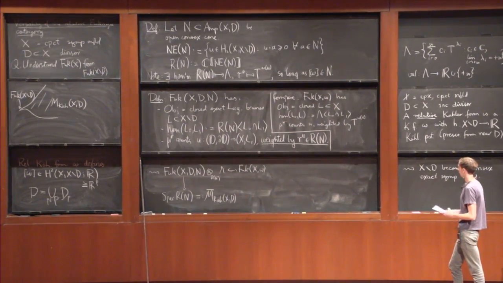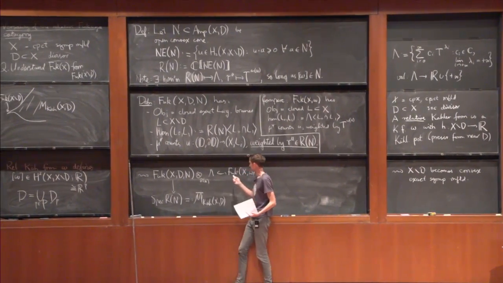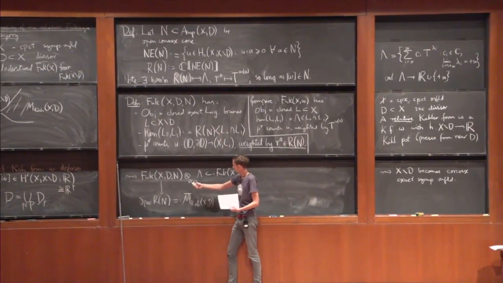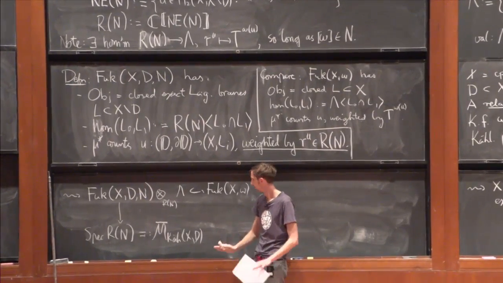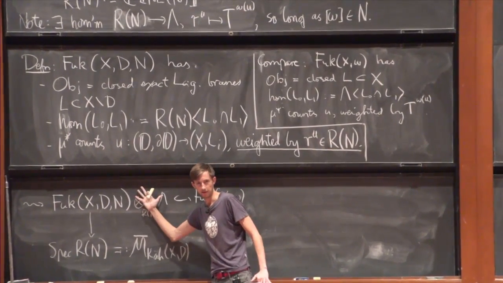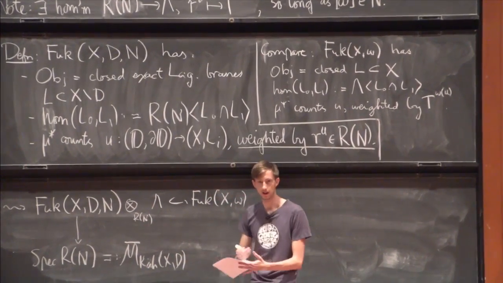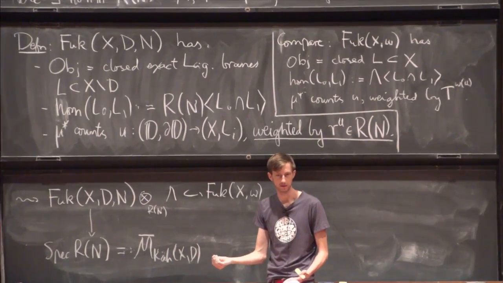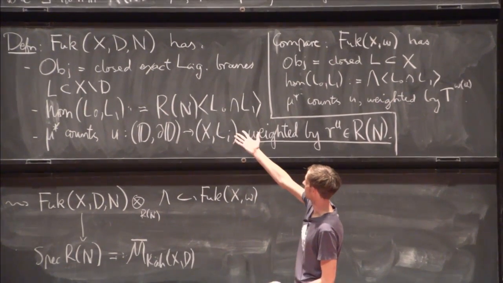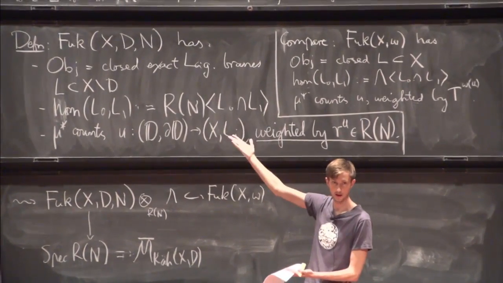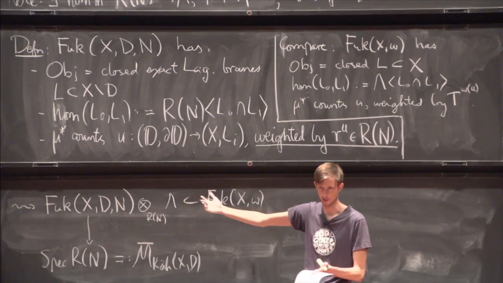In fact, what I would wish to say is that because we have this lambda point of this moduli space corresponding to any relative Kähler form, somehow this family of categories over this point sees the Fukaya category for all of these different relative Kähler forms. However, of course, if a Lagrangian is closed exact with respect to one relative Kähler form, it's not even going to be Lagrangian with respect to the other ones.